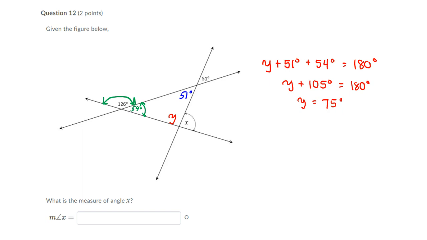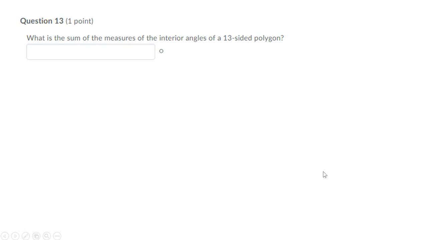So knowing that y is now 75 degrees, and seeing that x is an angle that is supplementary with 75 degrees, I know that x plus 75 should be 180, which makes x 105 degrees. Or as I said before, if you happen to remember that rule, that this exterior angle should be the sum of these 2 remote interior angles, 54 and 51 is 105, so you can see that that does work.